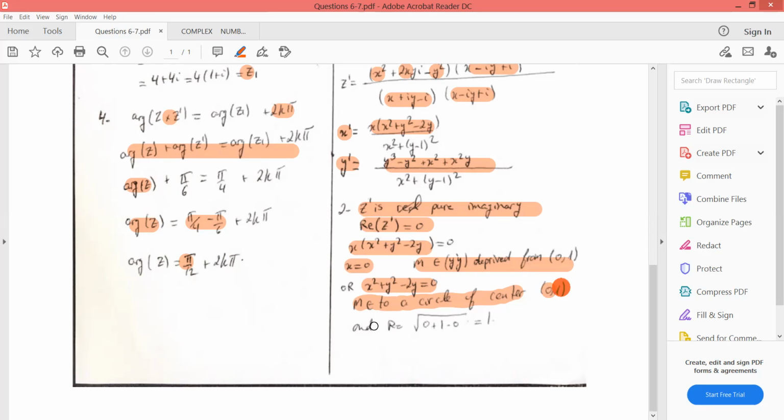So the radius equals radical a squared plus b squared minus c: 0 squared plus 1 squared minus 0, we get 1.